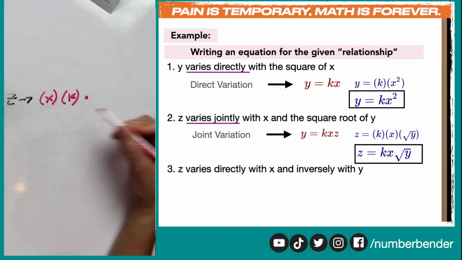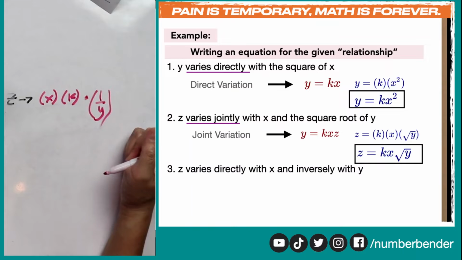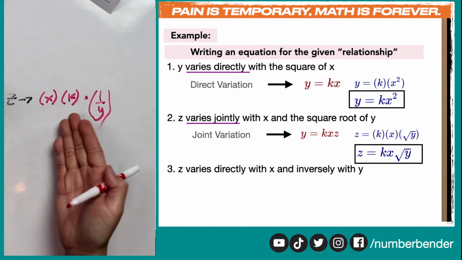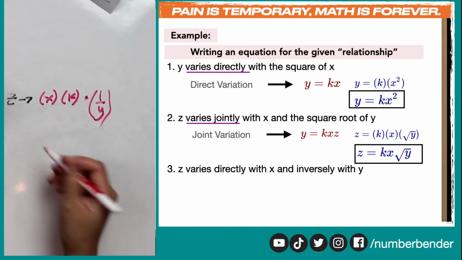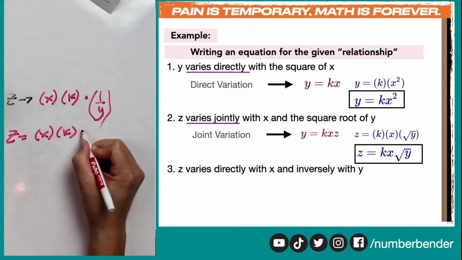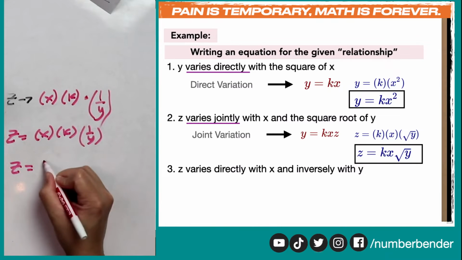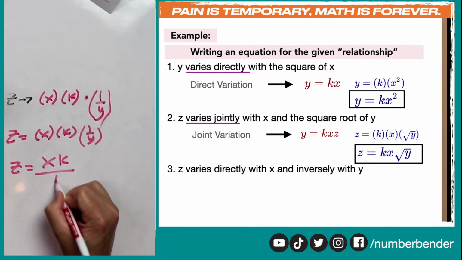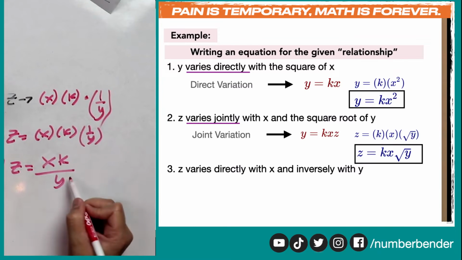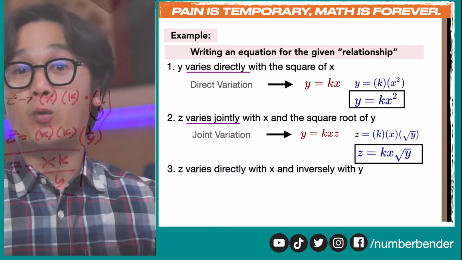And inversely with y means 1 all over y, which represents inverse proportion or relationship with x and our constant k. And by simplifying this, we'll have x times k times 1 all over y. And if we want to simplify this, z is simply xk all over y, which is the simplest form of our relationship based on the verbal statement that we are seeing in our example.